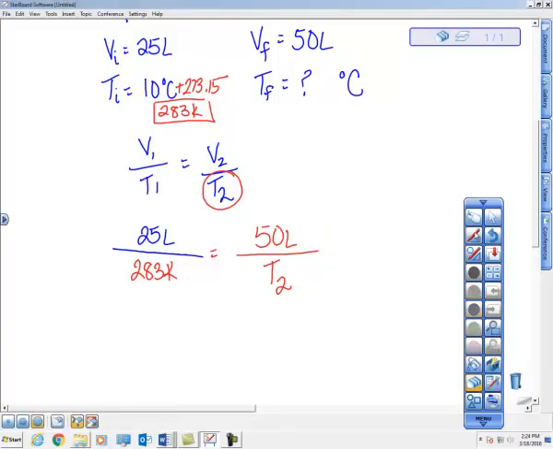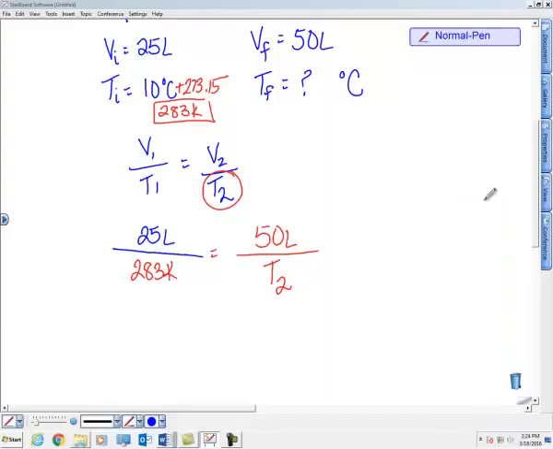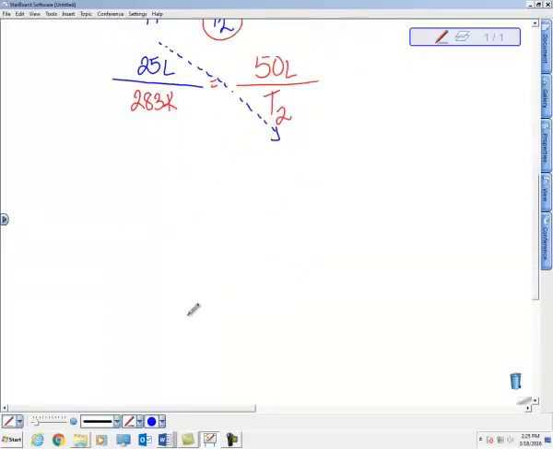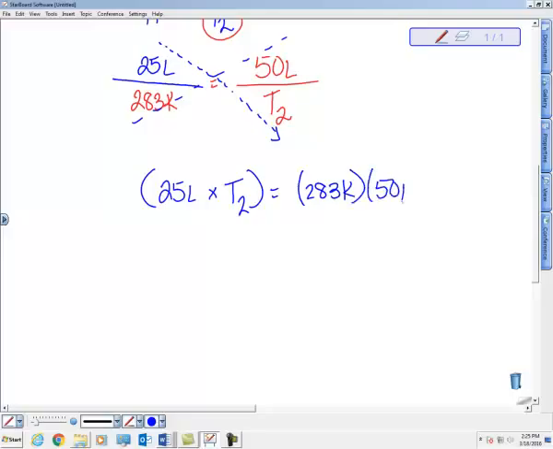So the best idea, and remember there's many different ways to go about this, is why don't we do some cross multiplication just to see what happens here. I'm going to take the 25 liters and multiply that by T2, and I'm going to set it equal to this guy, 283 K times 50 liters.